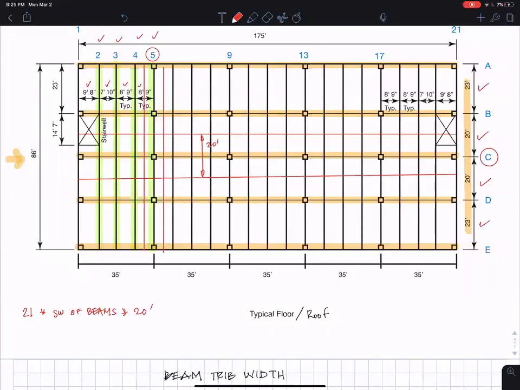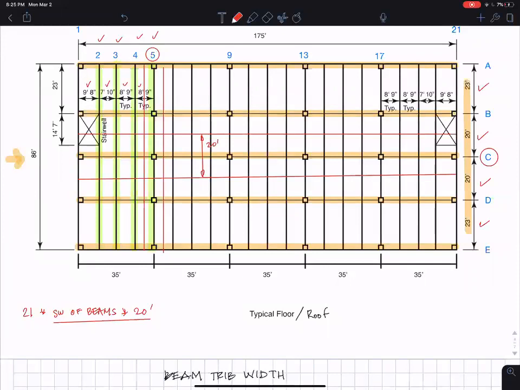Okay, so the beams weigh, let's say 300 pounds per foot, the green beams. 20 feet of them are on girder C, so that's self-weight times 20. So each green beam, 300 pounds per foot times 20 feet, that's 6,000 pounds for every green beam, and there's 21 of them.